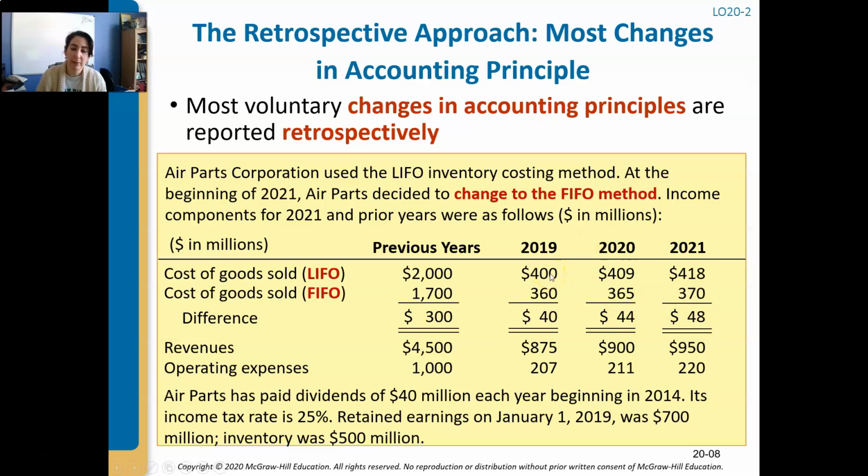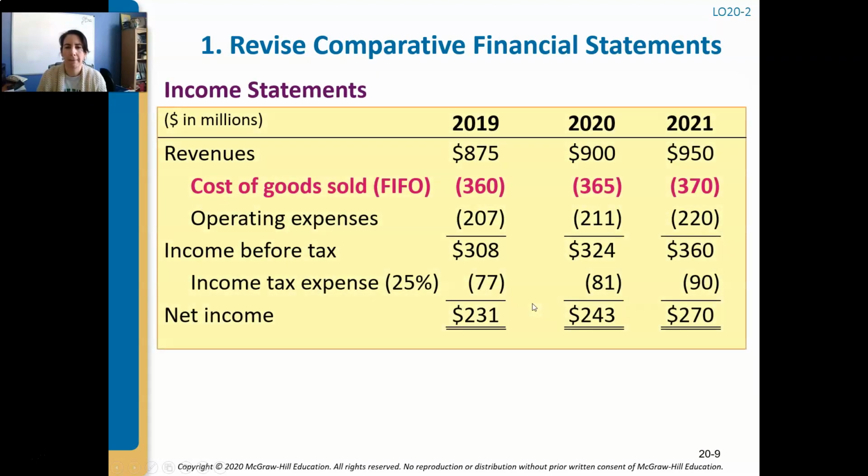We'll focus on 2019. Our financial statements at that time would have shown LIFO cost of goods sold of $400. But had we been using FIFO, it would have been $360. So you get a $40 change there. Again, this is millions, but we'll say dollars. Here you'd have a $44 change, here a $48 change. Carry that information through.